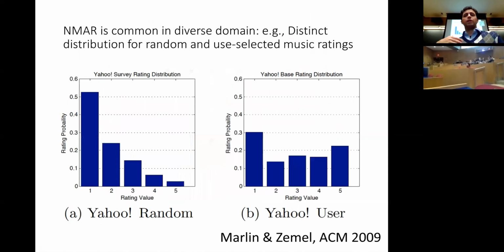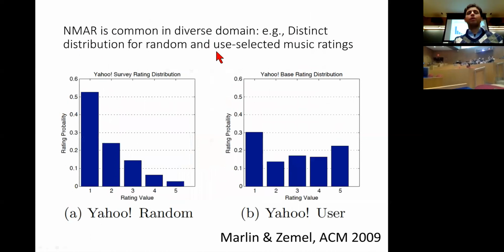Basically, what we need is different ways of specifically dealing with the non-missing at random problem. So non-missing at random is something that has been well recognized.